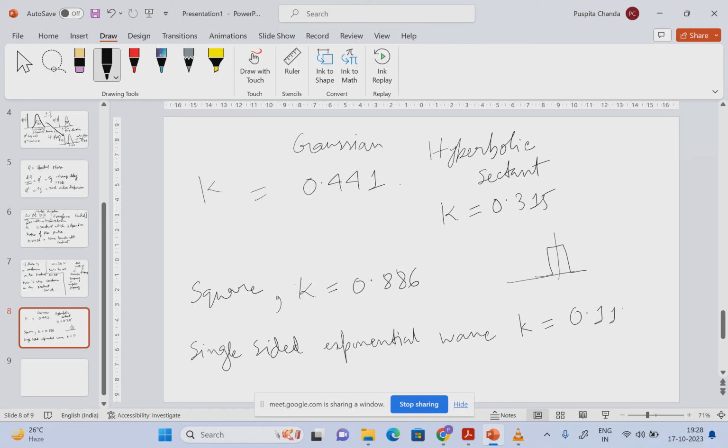The square wave is in the time domain. Okay. Then the single-sided exponential wave is like this. So again it is I, and this is T.